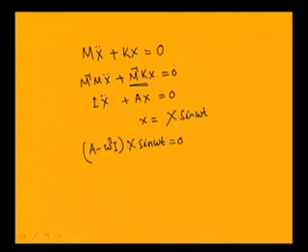For a non-trivial solution, that is when the response is non-zero, we need A minus omega square I times X equal to 0. Let me put omega square equal to lambda. So, this equation is reduced to the known form of the eigenvalue problem.